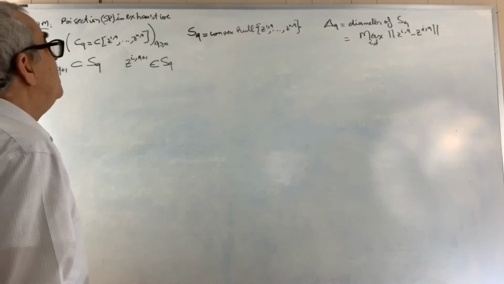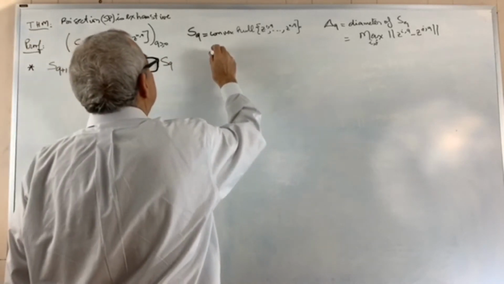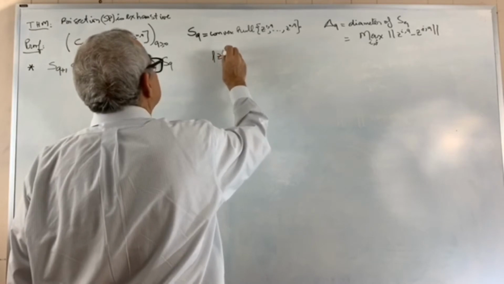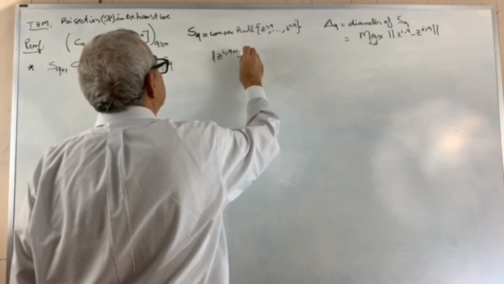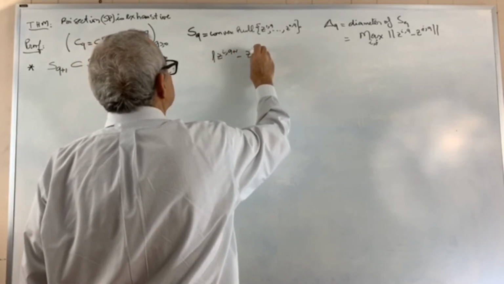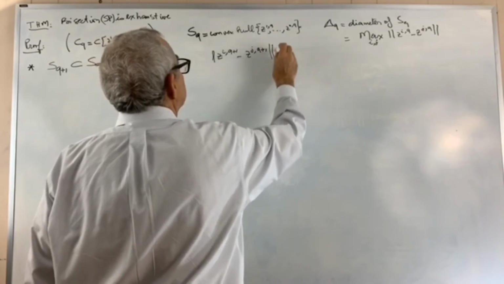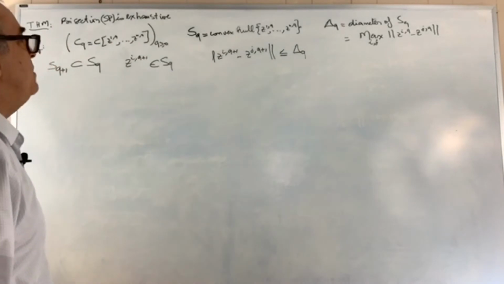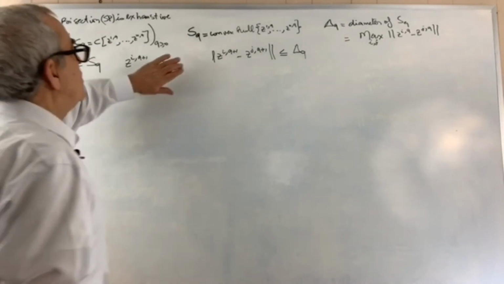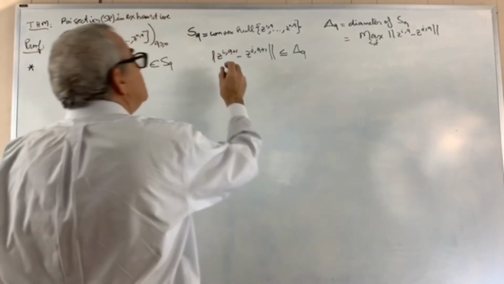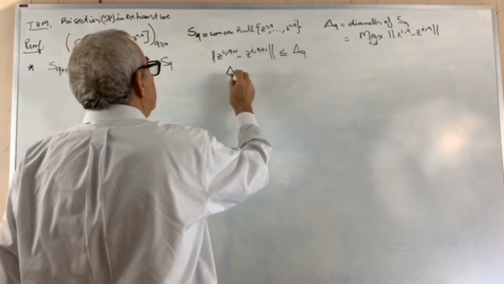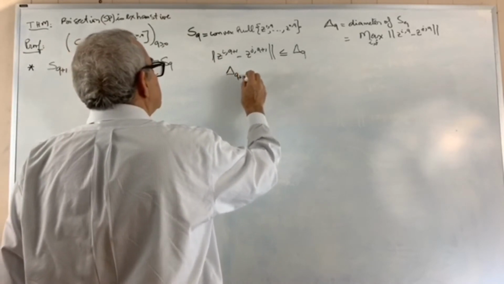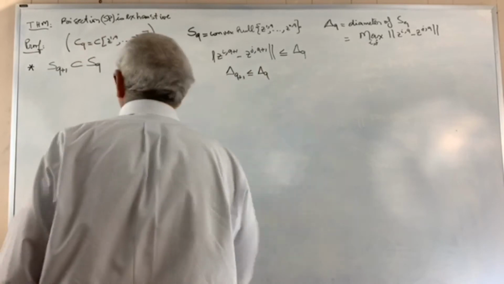For all i. So therefore, the norm of Z_i^{q+1} minus Z_j^{q+1} is less or equal to delta_q, right? Because delta_q is the diameter. And therefore, now we do the max this way, so we get delta_{q+1} is less or equal to delta_q, okay?